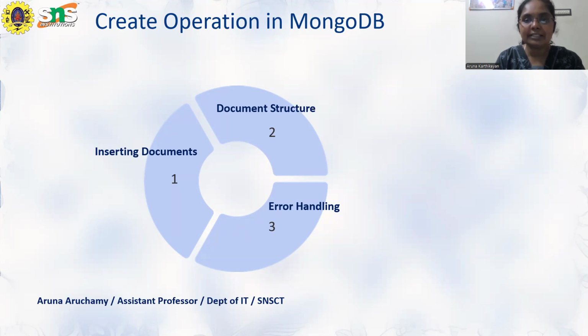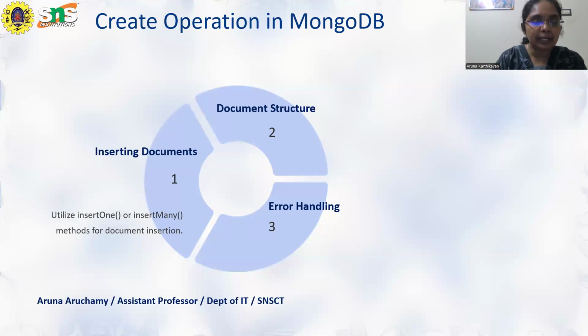Create means that while creating a collection itself, we can insert values. We can insert a document in three ways. One is using insertOne, because it is case sensitive, your keyword must have O as a capital letter, and likewise insertMany must have M as a capital letter.